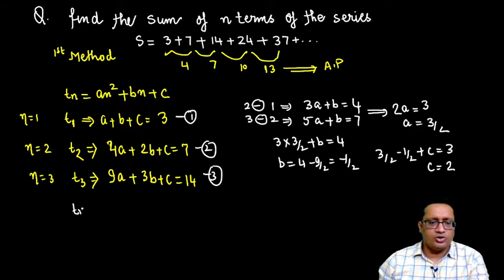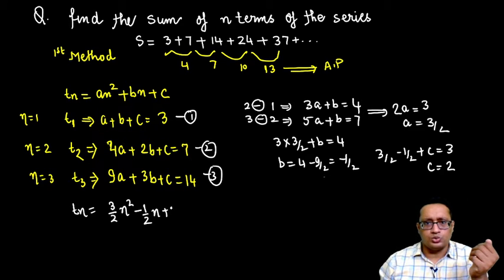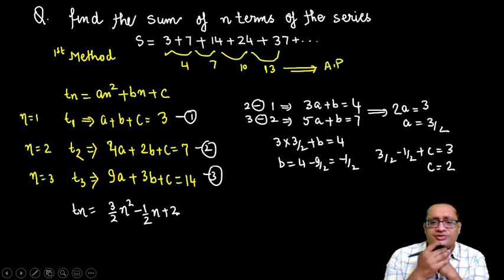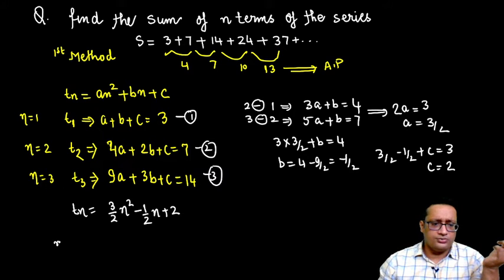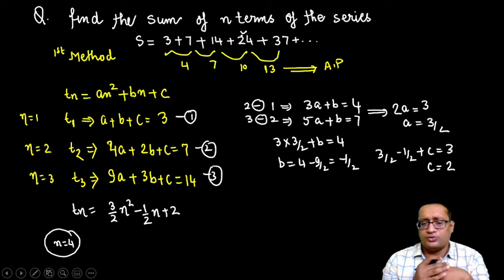So the nth term of this series comes to be 3 by 2 n square minus half n plus 2. I'm not satisfied with this nth term, I want to check it. Let's place n is equal to 4. If t4 comes to be 24, then my answer for the nth term is correct.